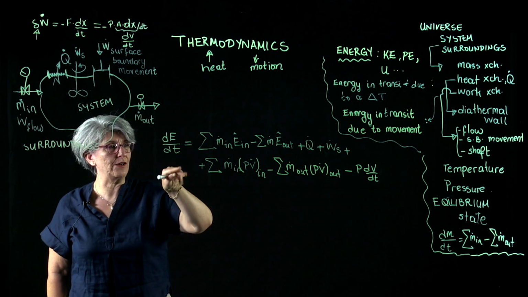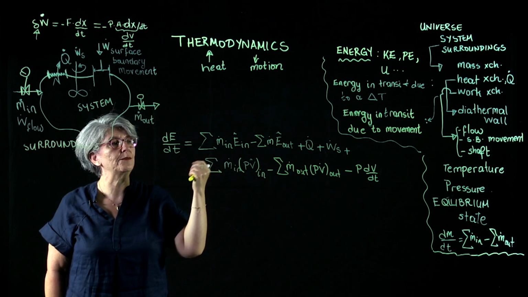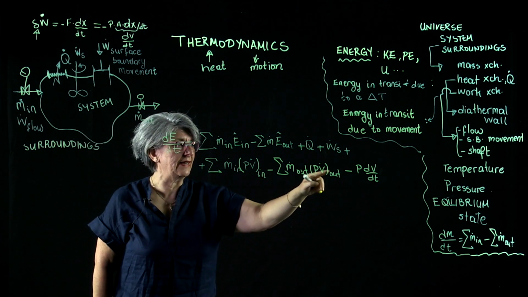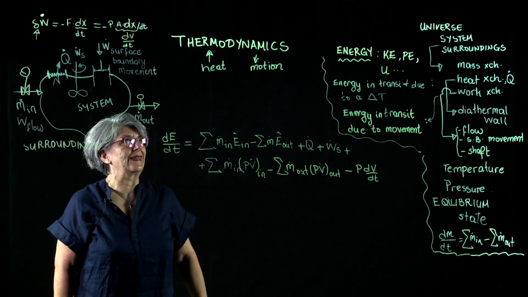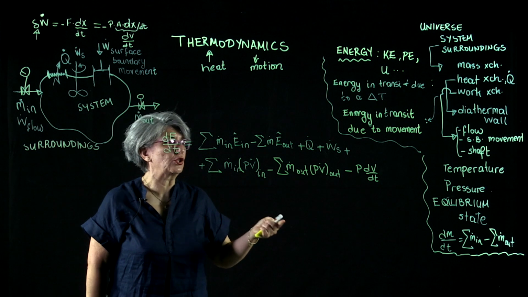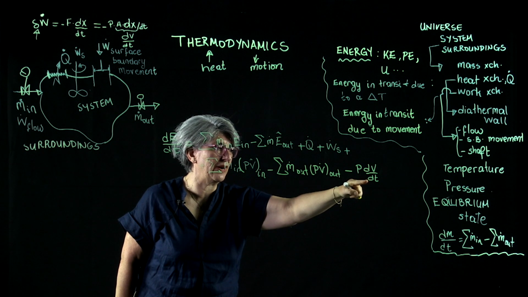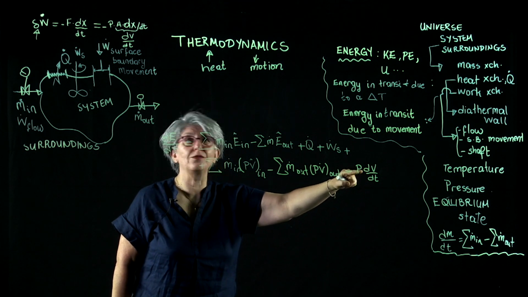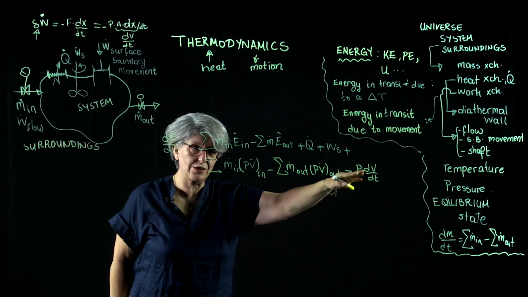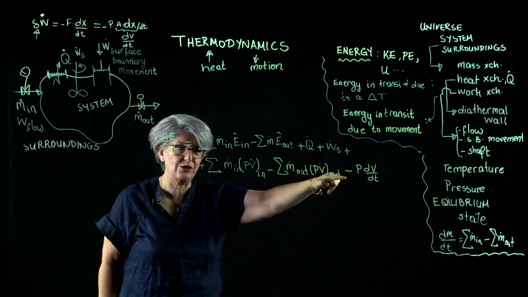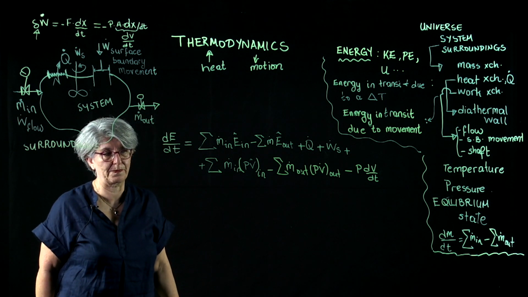So if the work is towards the system boundary, we add. If it is away from the system boundary, we subtract. Here, the volume changes towards. Work has to be towards, but this volume change towards the system boundary is going to be a decrease in the system volume, while the work is on the system, so the energy of the system has to increase, hence we put a minus in front.